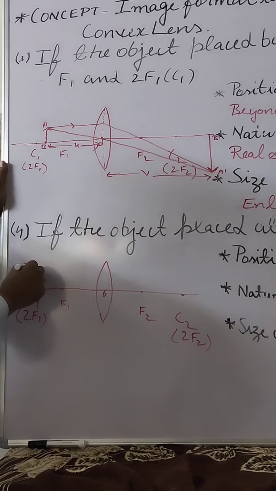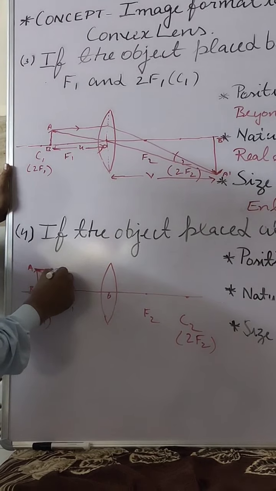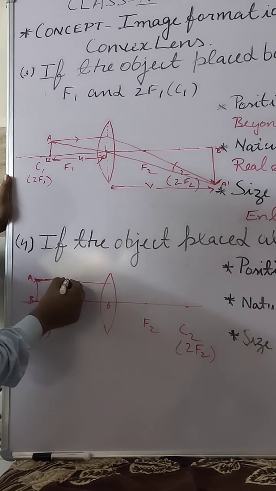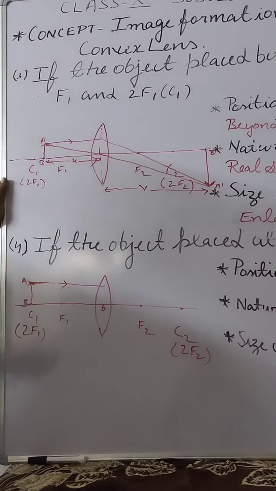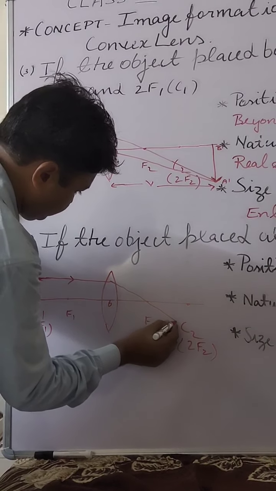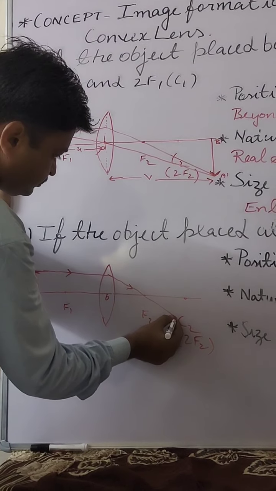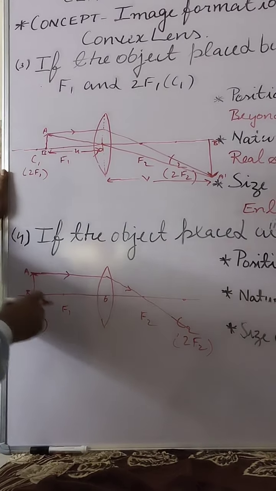Again you will draw the incident ray parallel, starting from the head of this object. Now it will pass through F2 with the help of refraction here.